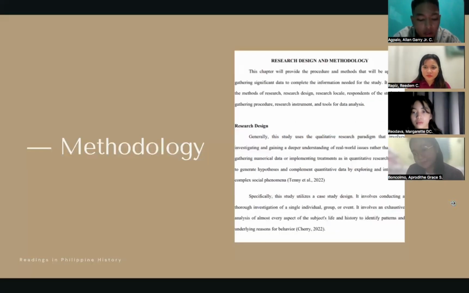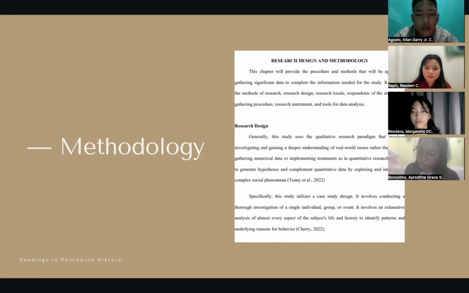And for the next one, sa methodology. Sa methodology, guys, meron tayong tatlong types niyan. Ang qualitative research, quantitative research, and mixed methods. Yung sa methodology, pwede tayong mag-survey, pwede tayong magtanong-tanong.